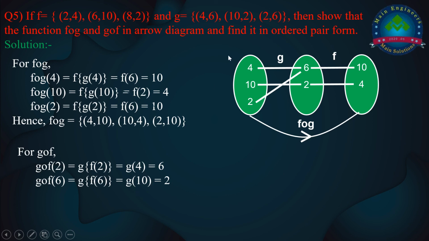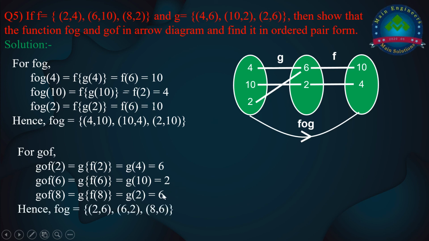So g of 10 is 2. g of f of 8 is equal to g of the function of 8. Function of 8 is 2. g of 2 is equal to 6. Hence g of f is equal to {(2, 6), (6, 2), (8, 6)}.